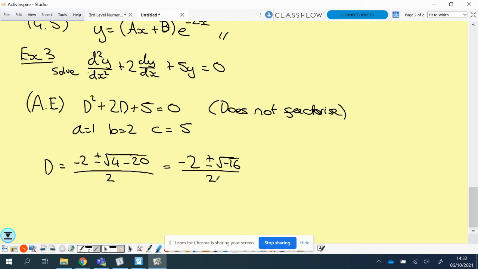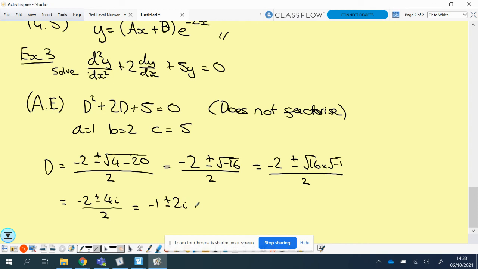And if I split root negative 16 as root 16 times root negative 1 divided by 2, that's going to give me negative 2 plus or minus, well, the imaginary number i that we've seen in the previous video is root negative 1. Root 16 is 4, so it's going to be 4 lots of i divided by 2. And if I divide both of these by 2, I'm going to get negative 1 plus or minus 2i. So we've got ourselves complex roots.